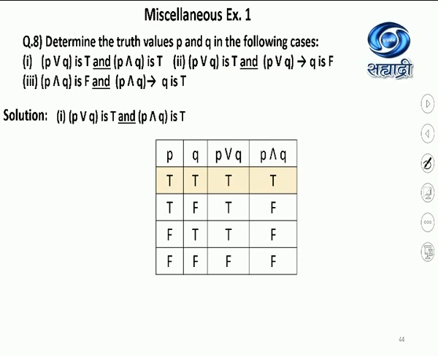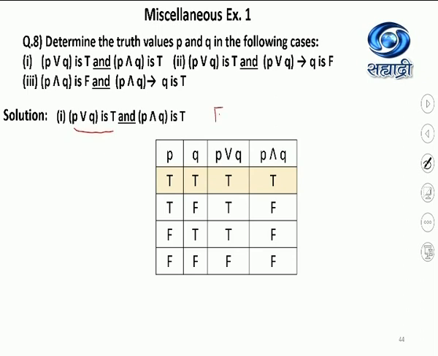To write the entries for P or Q, because what is given to us is P or Q is T, I write the entries of the truth values for the column P or Q. Now, what will be the entries? What is the hint for P or Q?